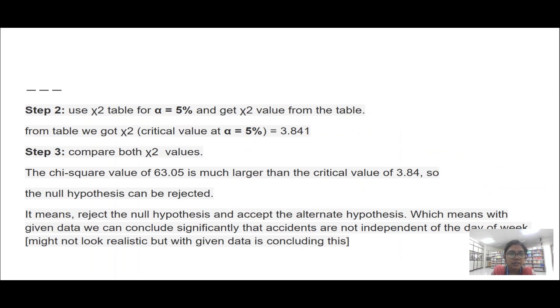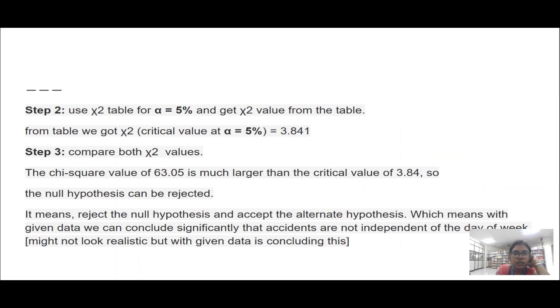After calculating this summation, step two is to use the chi-square table for the 5% level of significance and get the critical value from the table. It is given as 3.84.